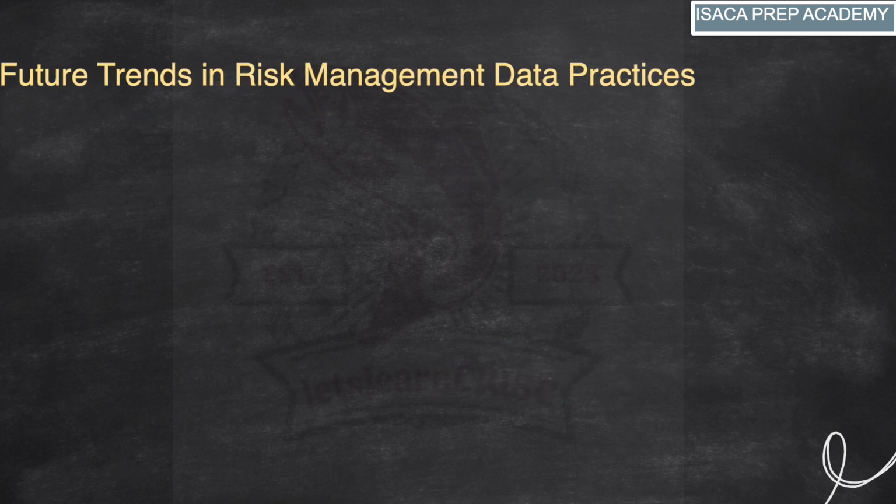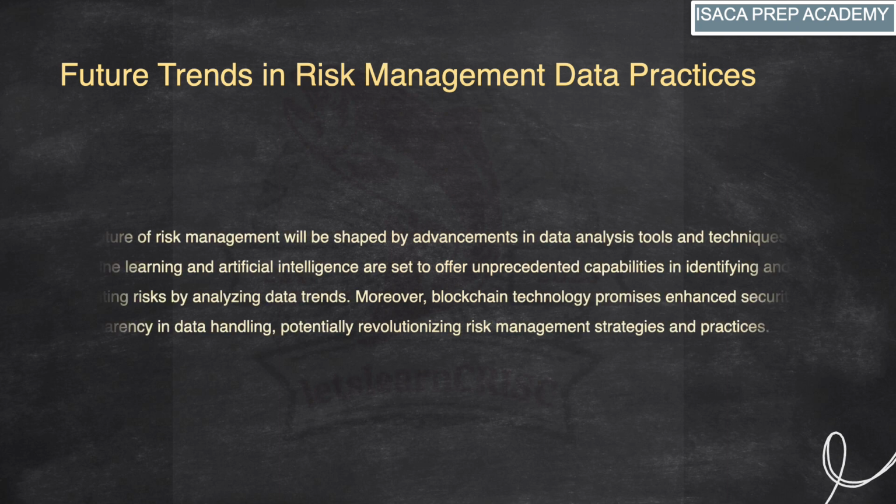Next, we'll discuss some future trends in risk management data practices. Friends, future trends in risk management data practices will be influenced by advancements in data analysis tools and techniques. Machine learning and artificial intelligence will play a significant role in identifying and mitigating risks by analyzing data trends with unprecedented accuracy and speed.